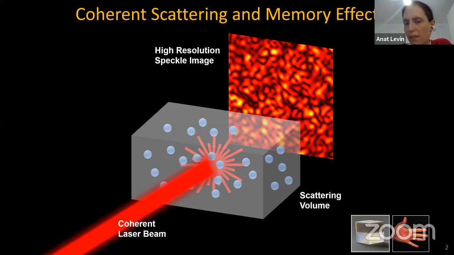You can go to the lab and image speckles and start to measure their statistics. But the speckles that we have here are simulated, and this talk is on how to simulate speckles.